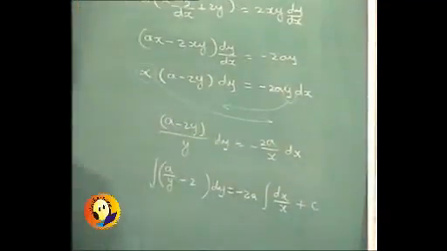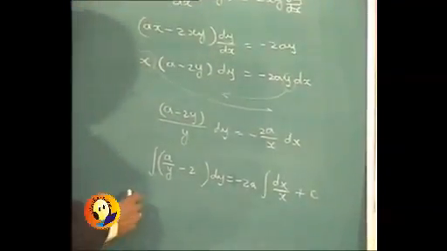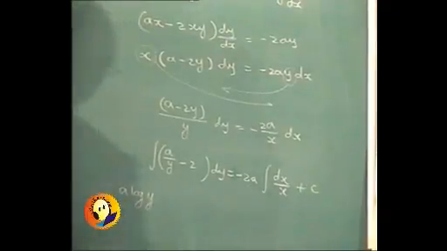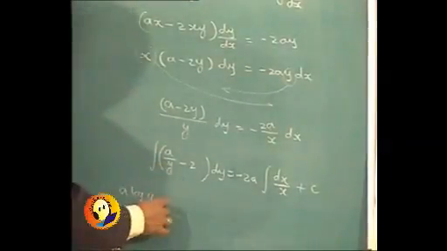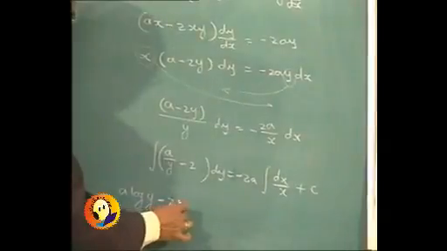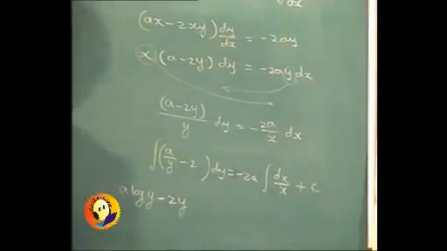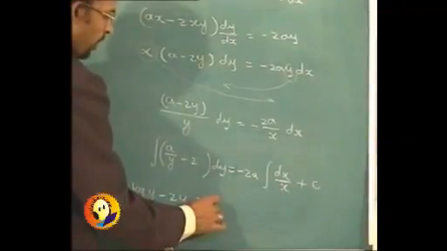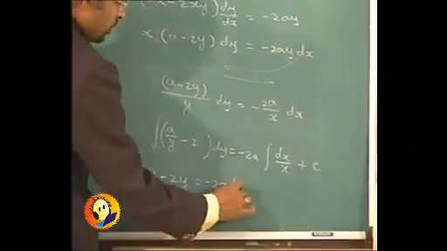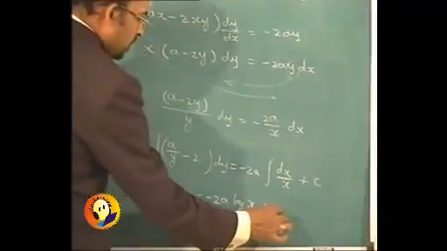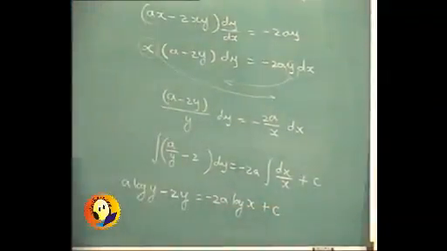which will result in a log y, integration of 1 upon y, minus 2y, integration of minus 2 is minus 2y, equal to minus 2a log x plus the constant of integration.